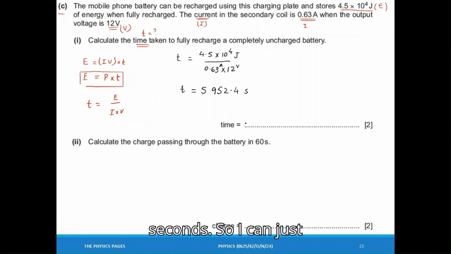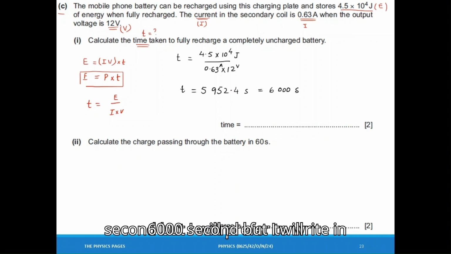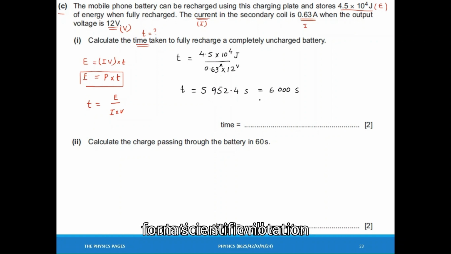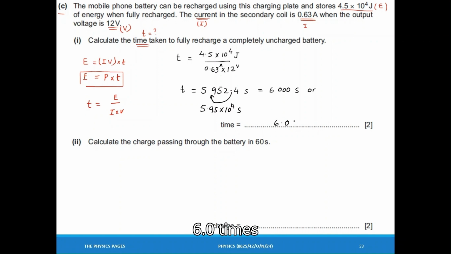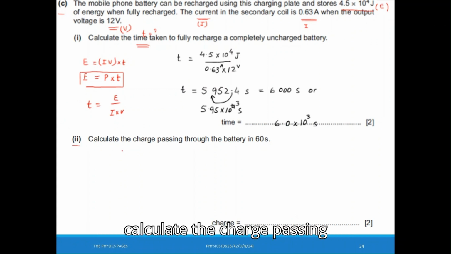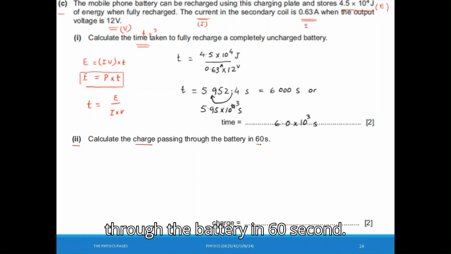So I can just simply say 6000 seconds, but I will prefer to write in scientific standard form, scientific notation. So I will write 6.0 times 10 to the power 3 seconds.